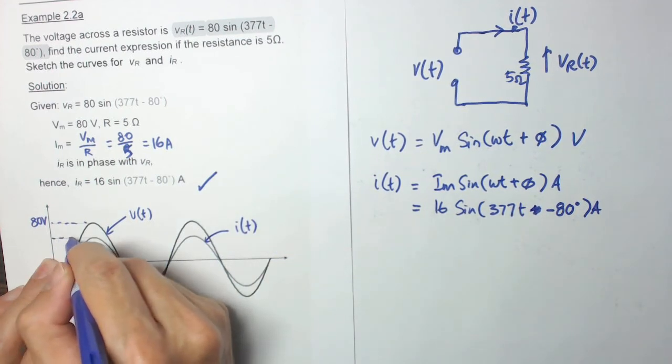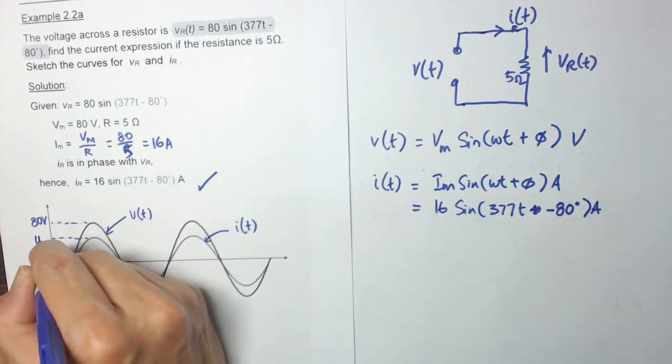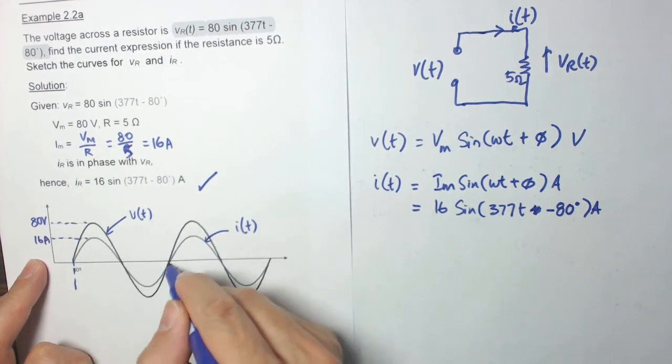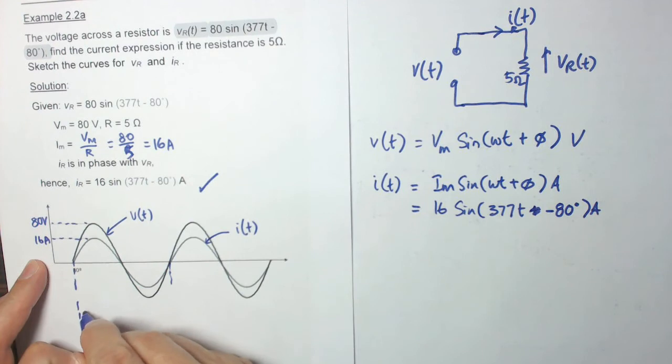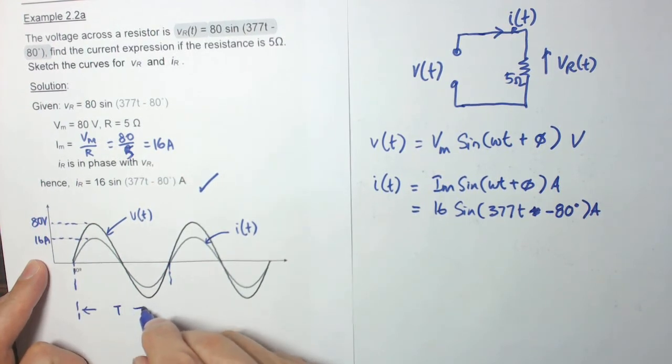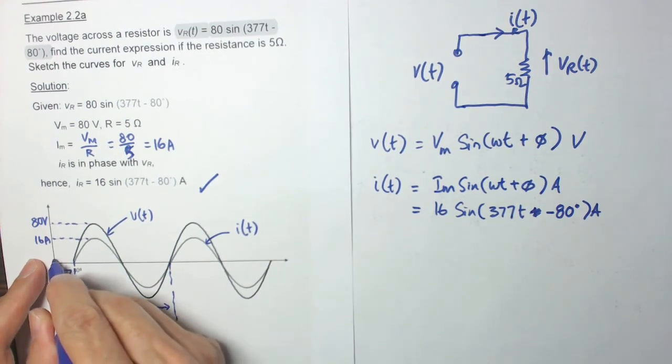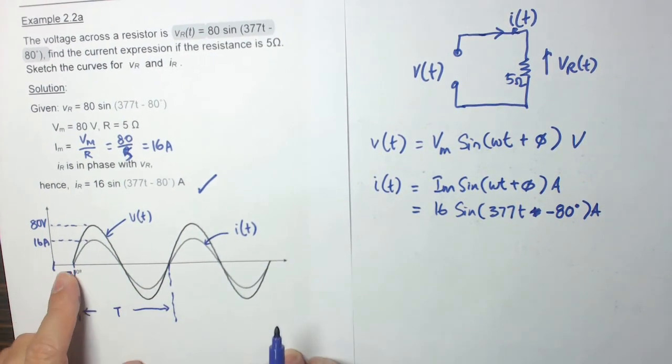It has a maximum value of 16 amps. Notice that one cycle of the waveform starts from 80 degrees, so this is the period T, right, starting at the phase shift of 80 degrees.